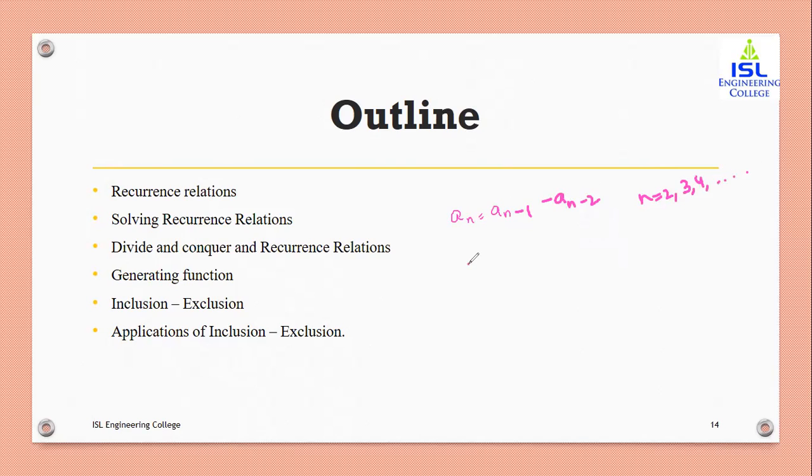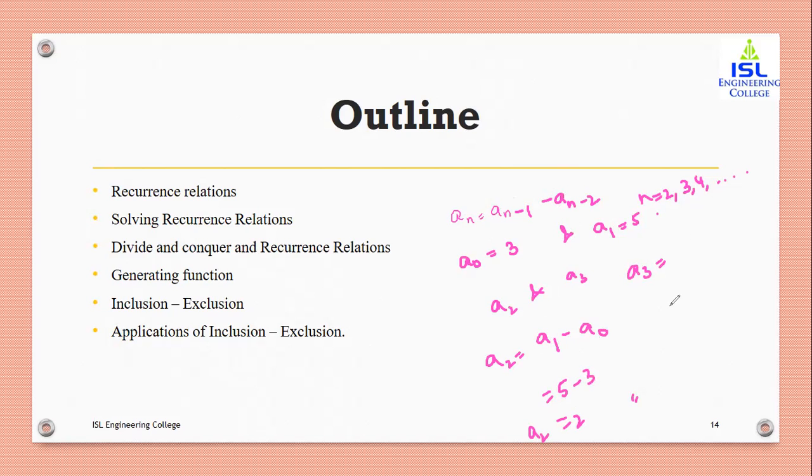And suppose that a0 is 3 and a1 is 5. What are a2 and a3? How do you find a2? a2 is a1 minus a0, which is 5 minus 3, which is 2. So a2 is 2.